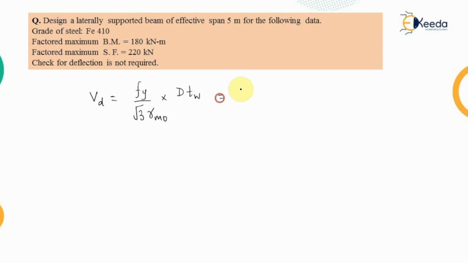So Fy is 250 divided by root 3 into 1.1 into the overall depth D, 350 millimeter, into the thickness of web, 7.4 millimeter. If we calculate this value, it will be in Newton, so converting it directly into kilonewton, the value comes out to be 339.8 kilonewton.